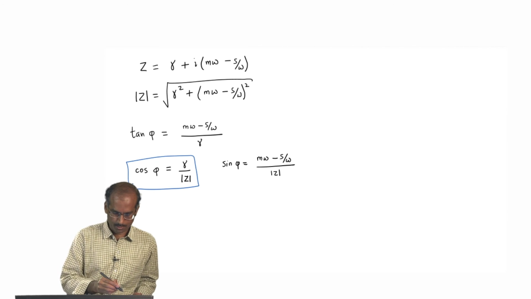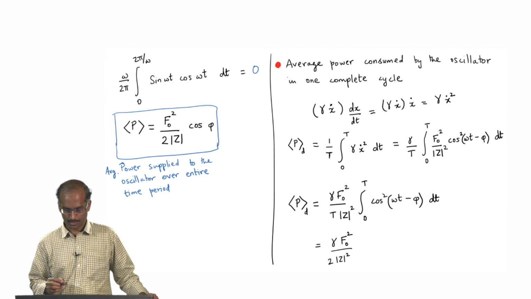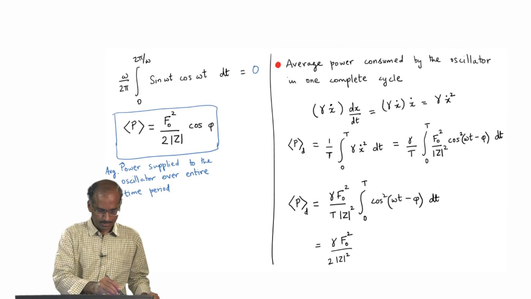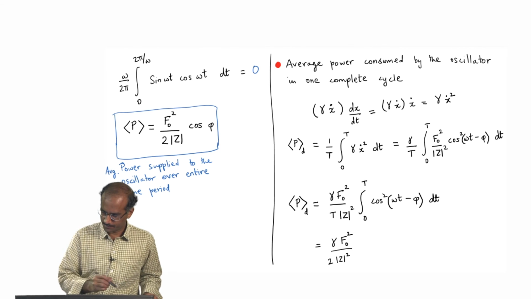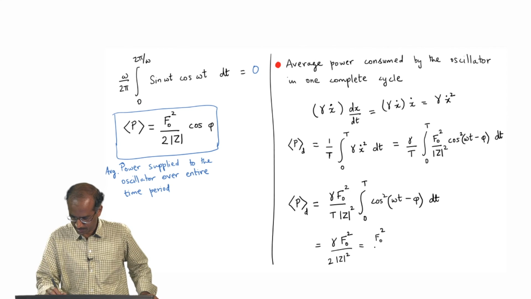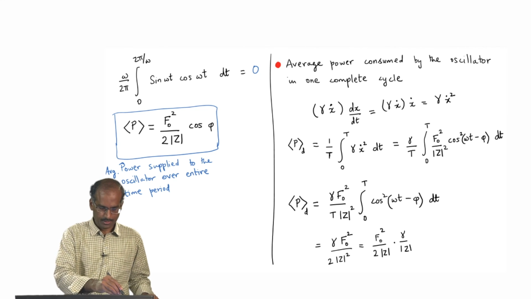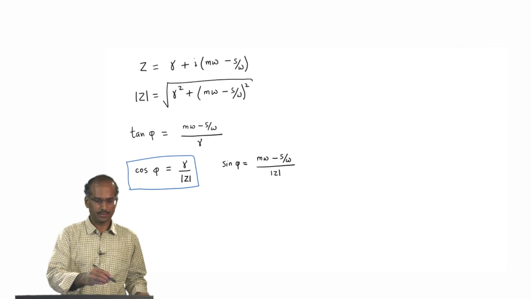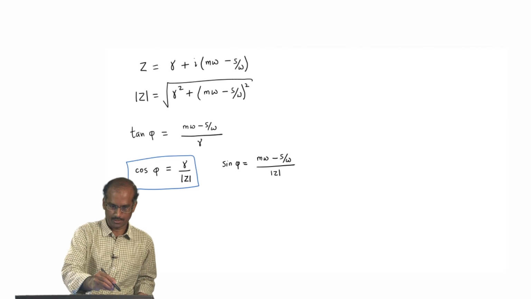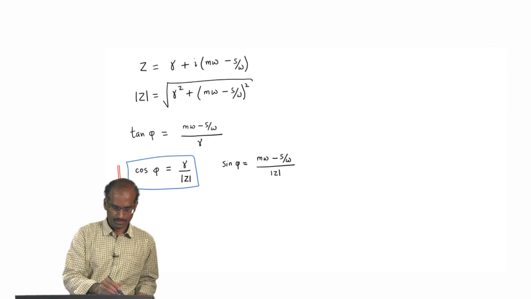Let us go and look back at the formula that we have for the average power dissipated. Let me rewrite it as f 0 square divided by 2 times mod z multiplied by gamma divided by mod z, and we know that gamma by mod z is simply cos phi.